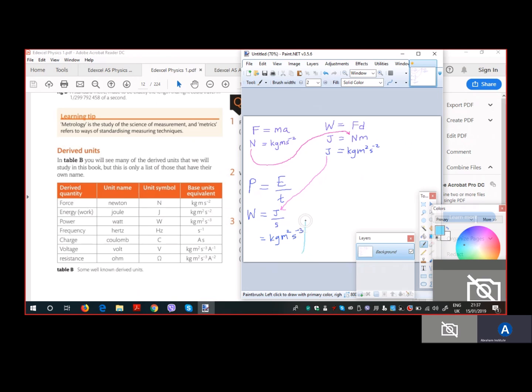V equals IT, not V equals, Q equals IT. Oh, Q equals. Okay, but the problem is now Q doesn't have V. What is the equation? V is what? Do you remember the definition of volt? 1 volt is 1 joule per coulomb.